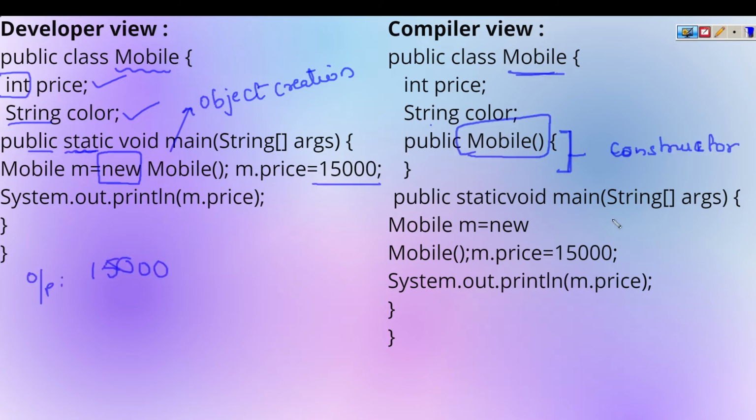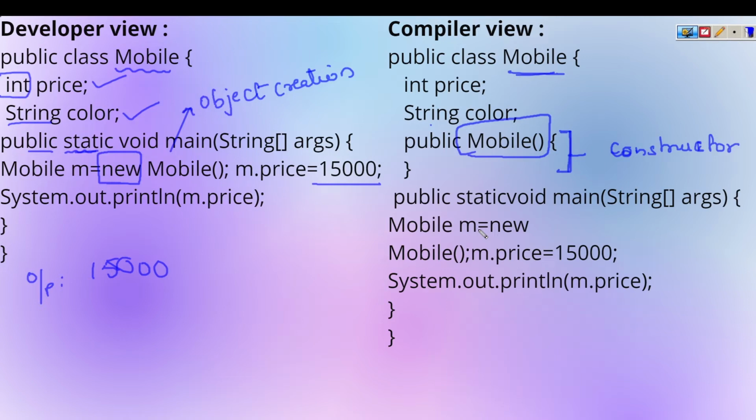Public static void main, String args, Mobile yum equals new Mobile, and yum.price. So the two lines written here will be extra in the compiler view. That is, it is going to generate a default constructor with the same name as the class name. So this is an example for the default constructor.